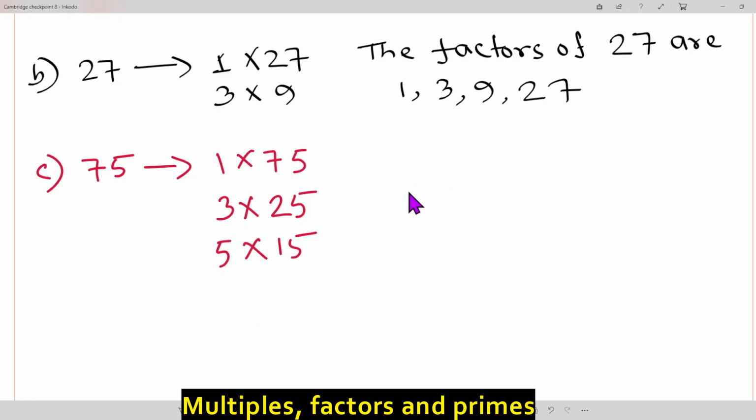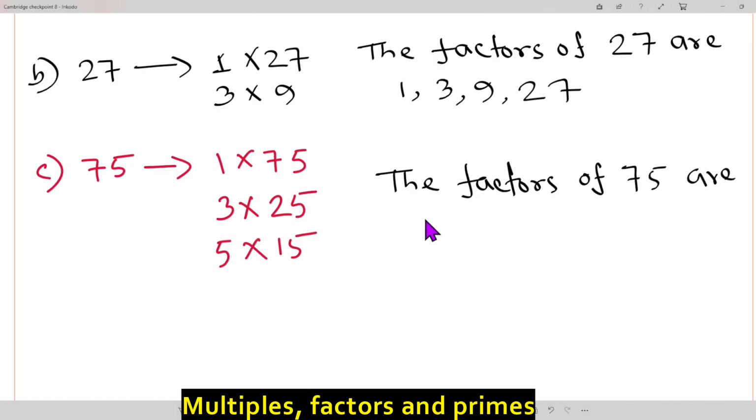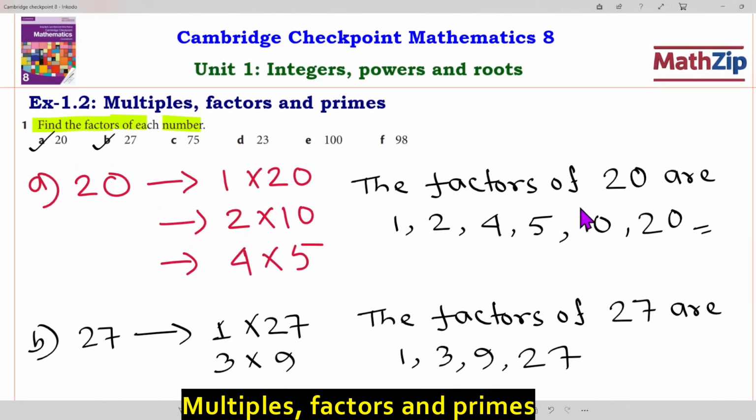So we can say the factors of 75 are 1, 3, 5, then 15, 25 and 75, right? So this is very simple. Number C done.